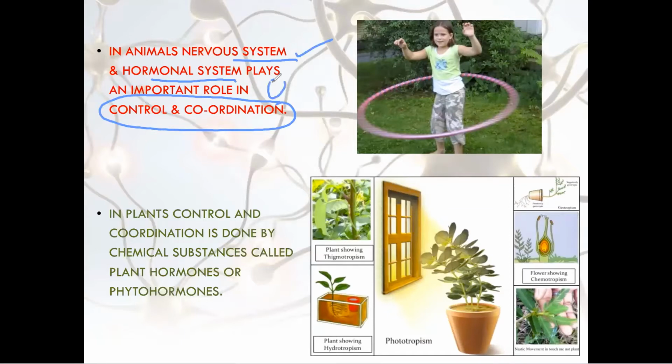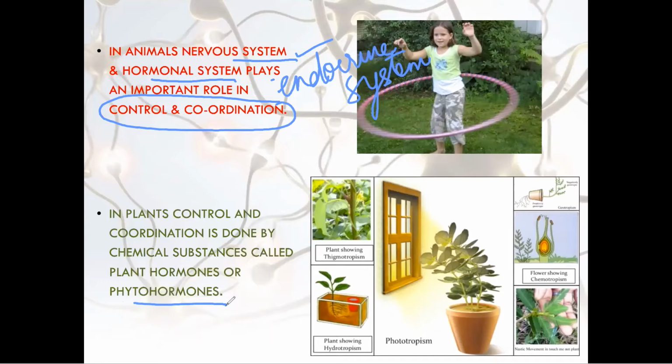The hormonal system is the one I told you about, the endocrine system. Whereas in plants, control and coordination is done by chemicals, and such chemicals are known as phytohormones.